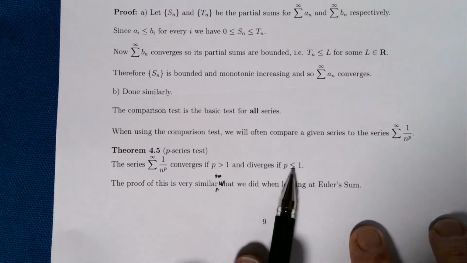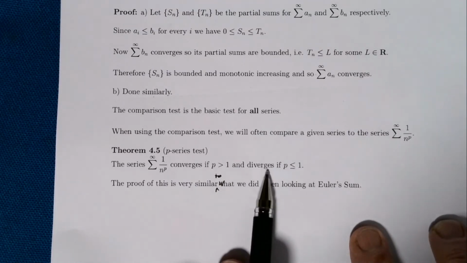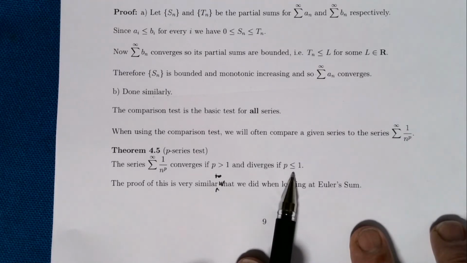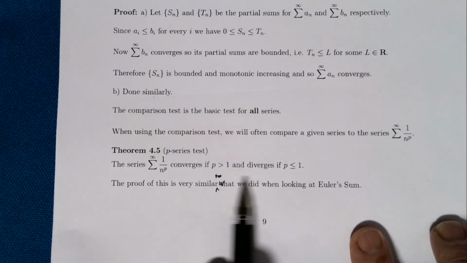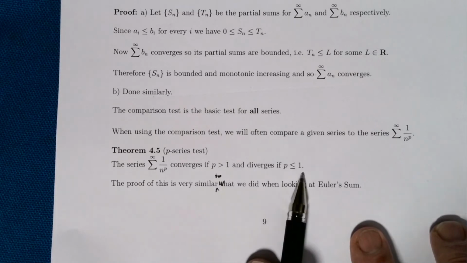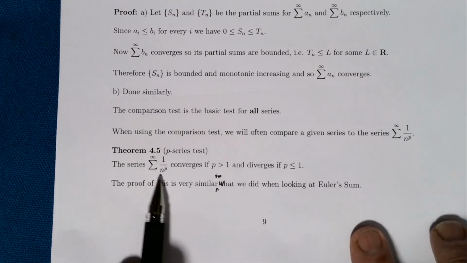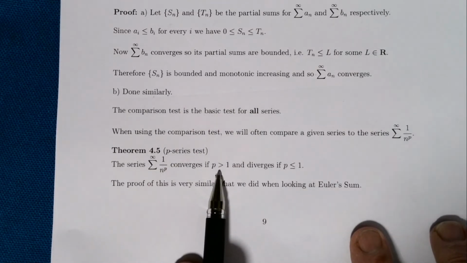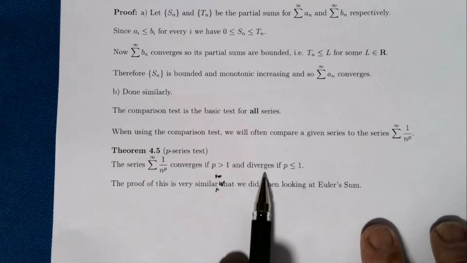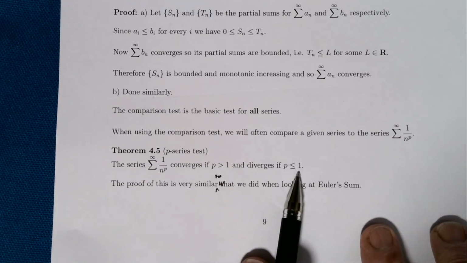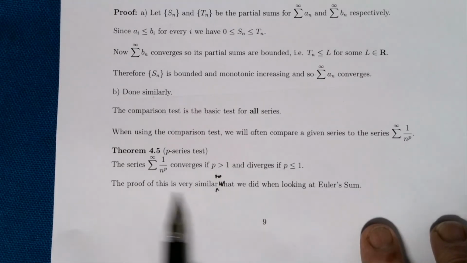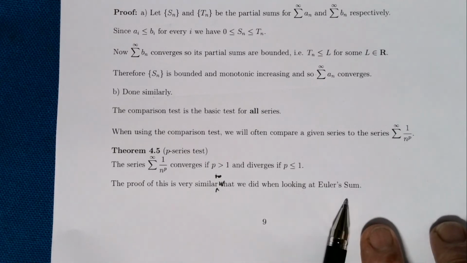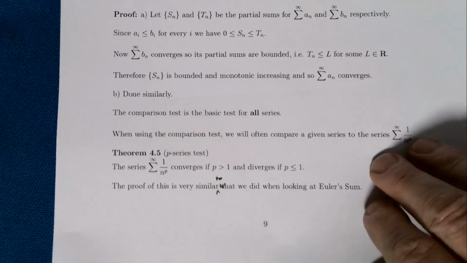If p is equal to 1 or less than 1, then the series diverges. That's a really important fact, so that's something you have to learn carefully. The sum of 1 over n to the p converges if p is bigger than 1, and diverges if p is less than or equal to 1. The proof of this is very similar to what we did when we looked at the Euler sum, so I'm not going to go through that here.